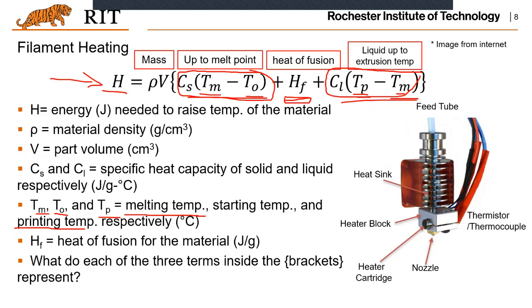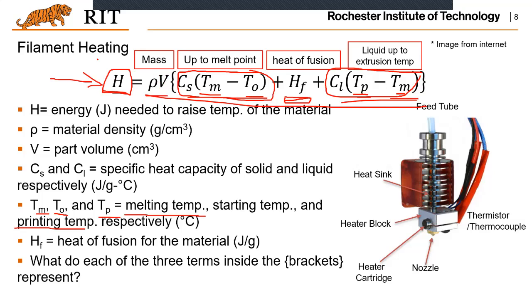Together with the three terms, you have the mass over here, where rho is the material density and V is the volume of the material, the part volume. Put them together, and you will have the overall energy for this printing process.